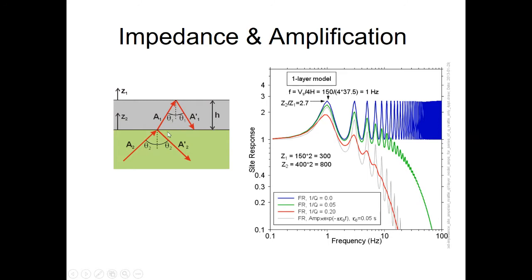The very basic physics is that you have a wave that's coming in. It's going to be diffracted if you have a velocity contrast, and it's going to start to reflect. And if this material has a much lower velocity than this layer, you set up a resonance. The energy gets trapped. You can look at the problem in one dimension, as the next slide shows, or sometimes the problem becomes two-dimensional or three-dimensional.